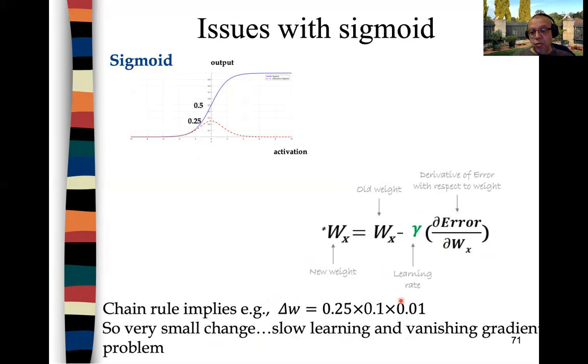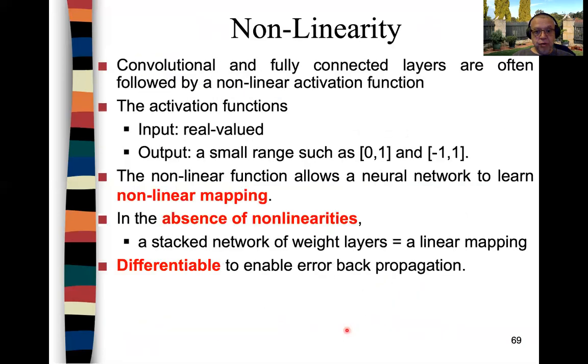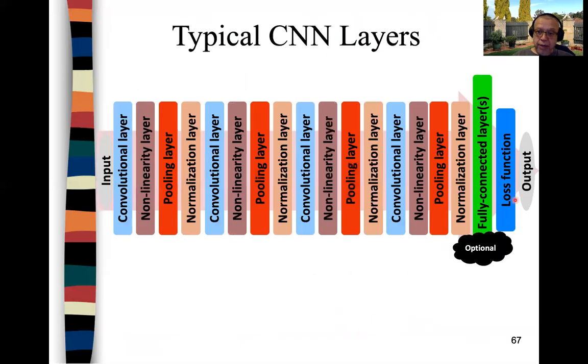And also, because we backpropagate this error, right? The delta. So we backpropagate the delta. So every time we do it, because we have a number of layers, that 0.25 makes the delta very small.